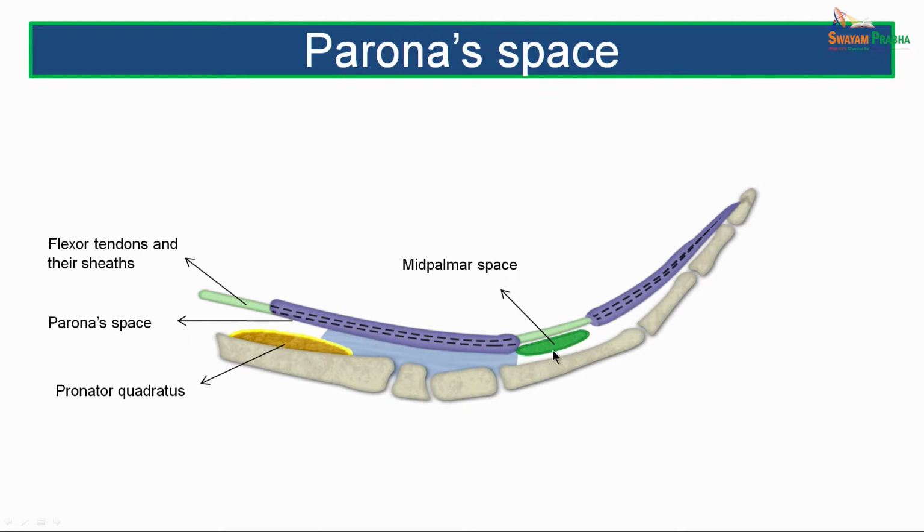What we see here is the mid-palmar space. As we go proximally, we see the pronator quadratus muscle attached to the distal part of the forearm bone. And just anterior to it, this space which lies deeper to the flexor tendons and their synovial sheets and superficial to the pronator quadratus muscle, this space is the space of Parona.